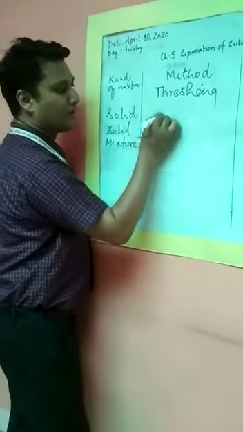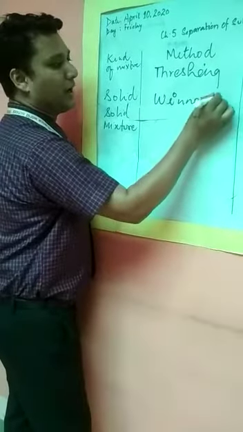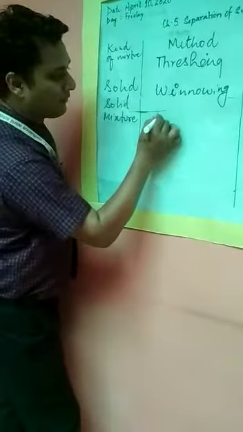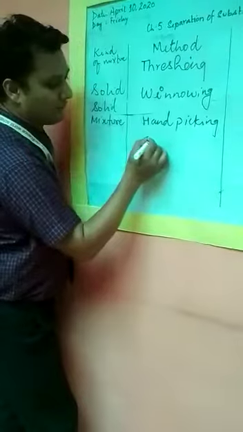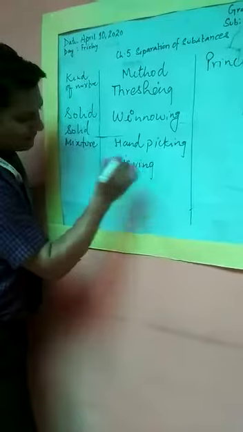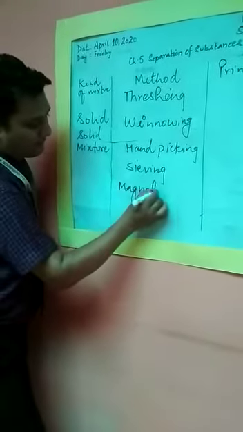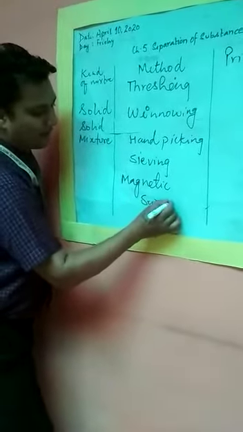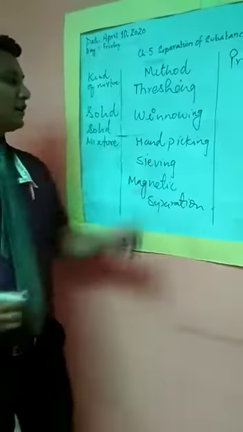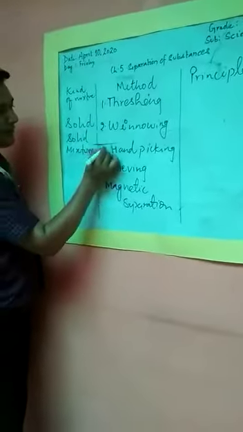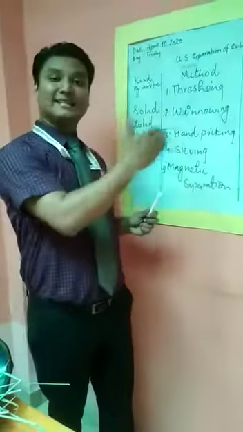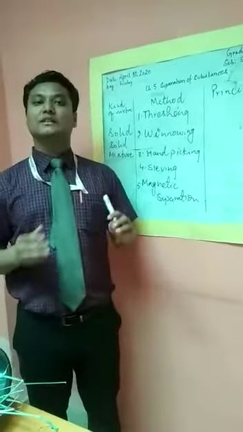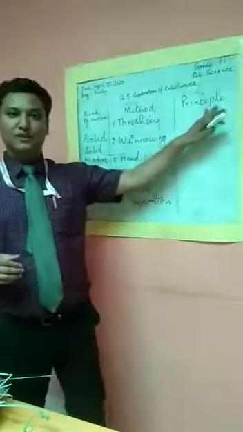Then we have winnowing, hand picking, sieving, and then magnetic separation. These are the 5 methods of separating solid mixtures. Now let us understand one by one a demonstration of these methods and the principle.